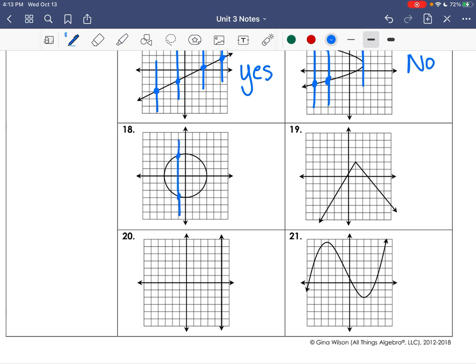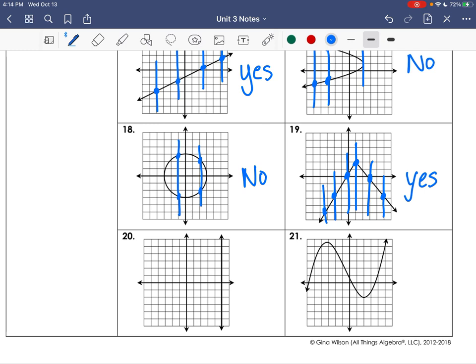Every vertical line that you put through here is going to touch 2 places, so this is not a function. This one is a function because you can put all the vertical lines on it that you want and it only touches the graph 1 time each. So you're good.